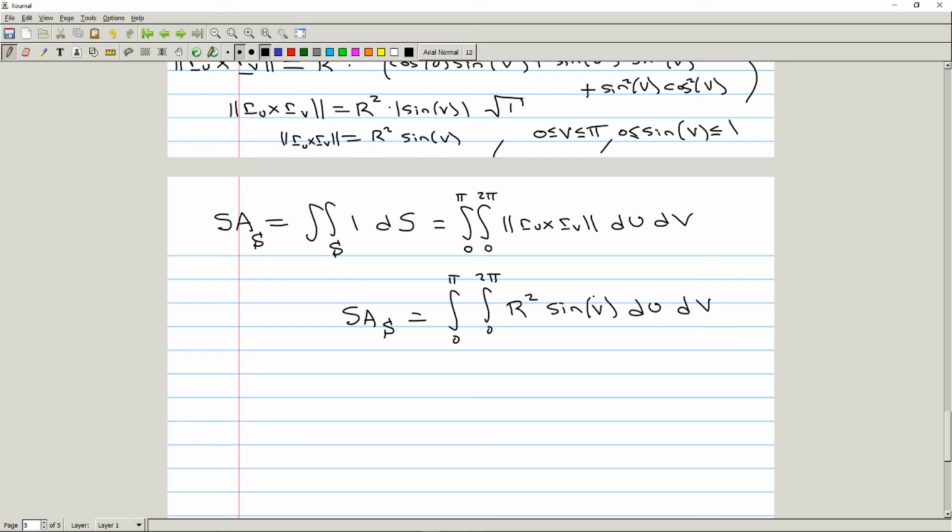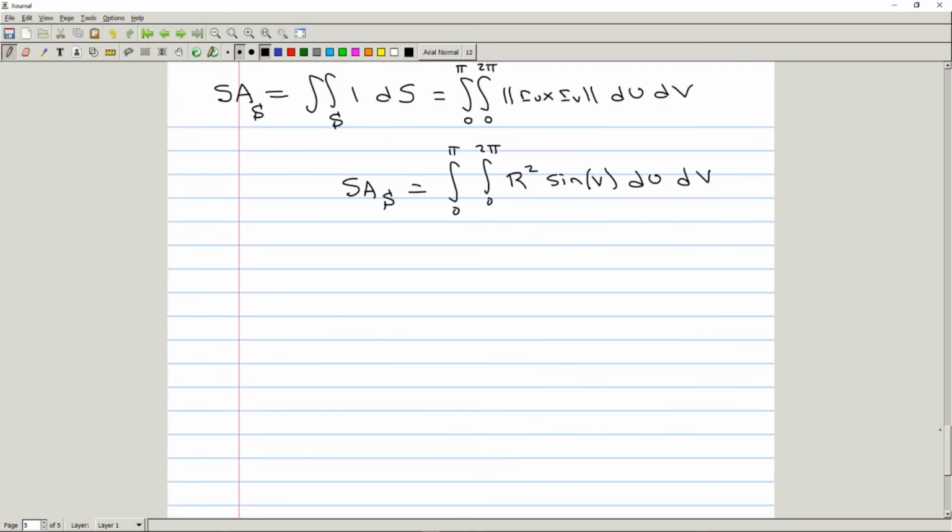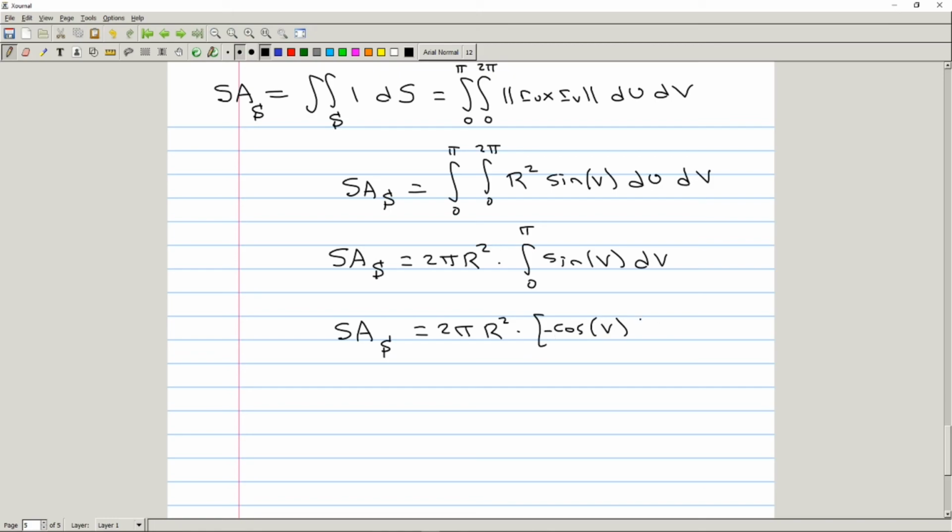And this first integral, the function doesn't depend on u at all. So this first integral is just equal to 2 pi. And we have that this is the same thing then as 2 pi r squared times the integral from 0 to pi of sine of v dv, which is 2 pi times r squared times negative cosine of v.